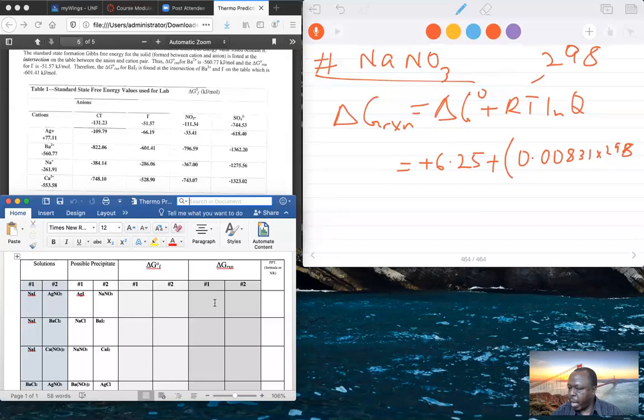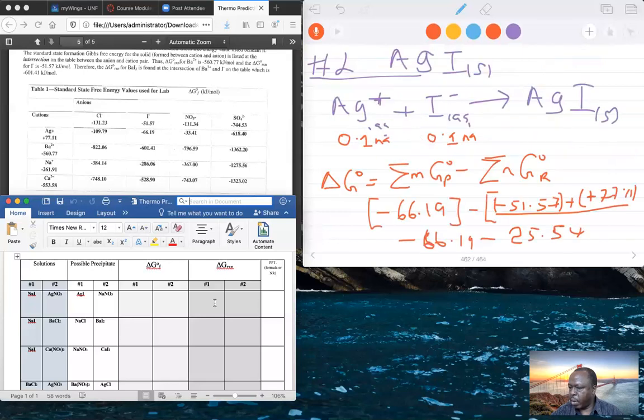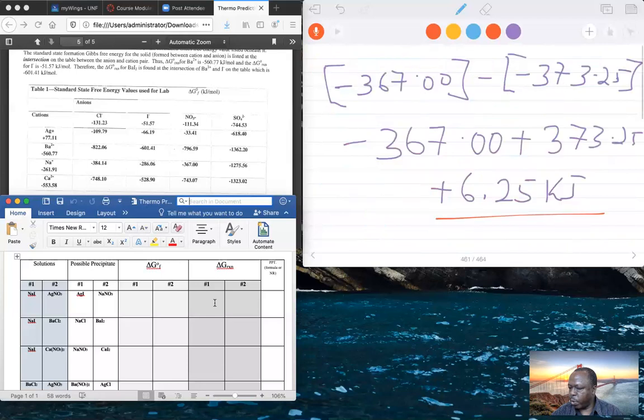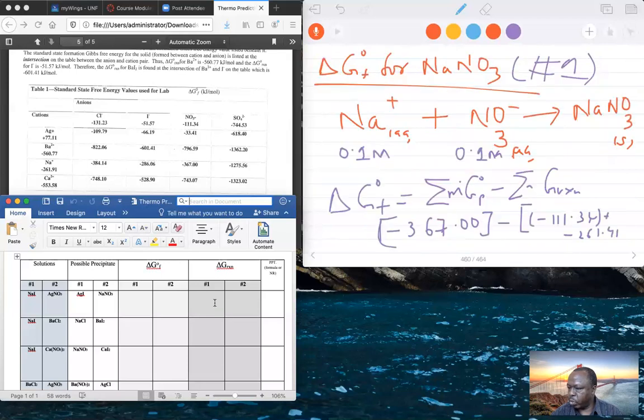ln of Q, now natural log of 1 over... Remember why I had to write this equation before for precipitation. That is why I had to include the concentration. Remember, for product, solid is always 1, and the coefficient is 1 to 1.